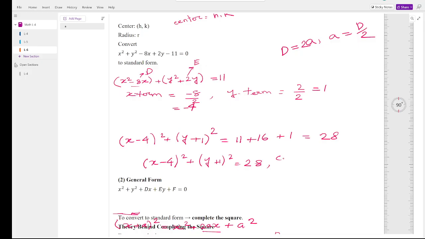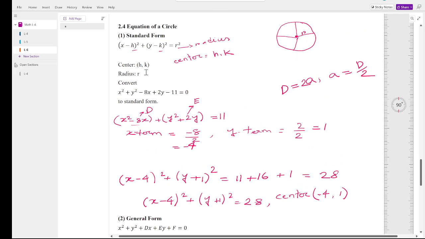Now the center is (h, k). Always remember for center (h, k), we should always take the opposite sign.